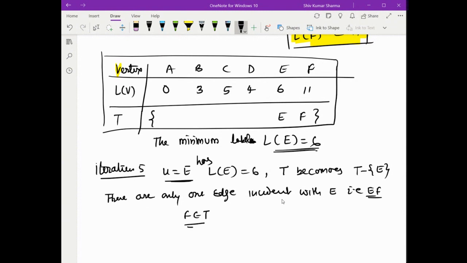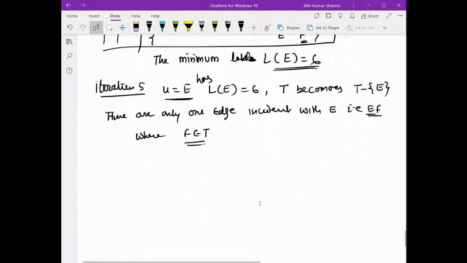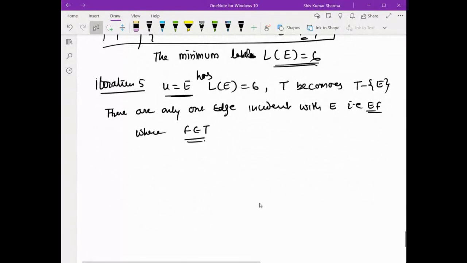Here F is also a member of T. So now we calculate the level of F. That means only one vertex is remaining to get the level.